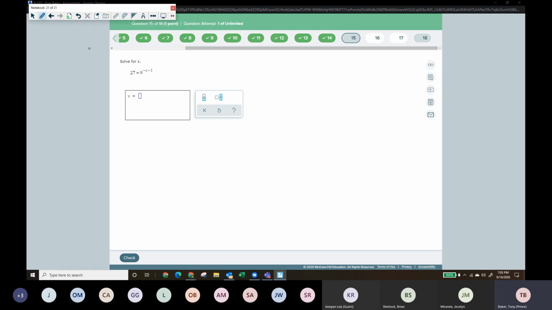So this one, I have 27 equals 9 to the -x minus 5. Sometimes when we're looking at these problems, it's really easy to change the numbers so that the bases are the same. So I'm going to change this to 3 to the 3rd power, and I'm going to change this side to 3 to the 2 times -x minus 5.